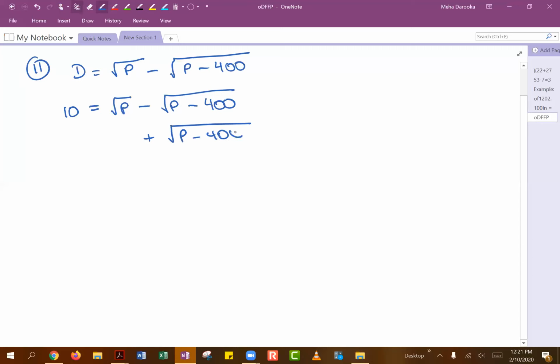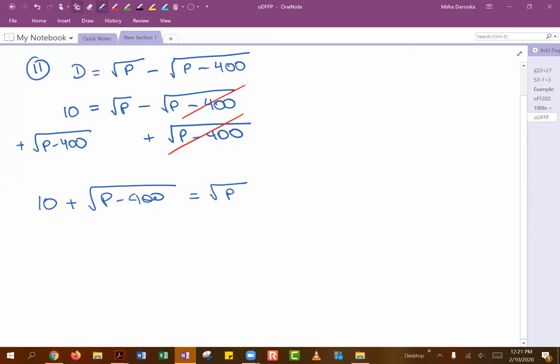Let's do the P minus 400. So that cancels out, giving us 10 plus square root of P minus 400 equals square root of P. Okay, then what should we do?